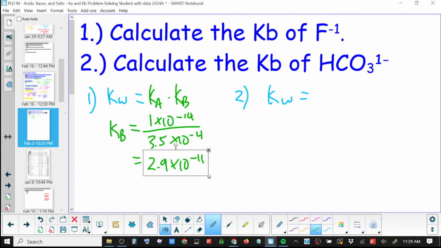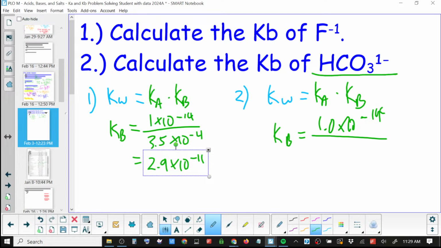Okay, KW equals Ka times Kb. So Kb equals, we set it up the same, 1.0 times 10 to the minus 14. What number do we use for the Ka of HCO3 minus? 4.6 times 10 to the what? 5.6 times 10 to the minus 11.